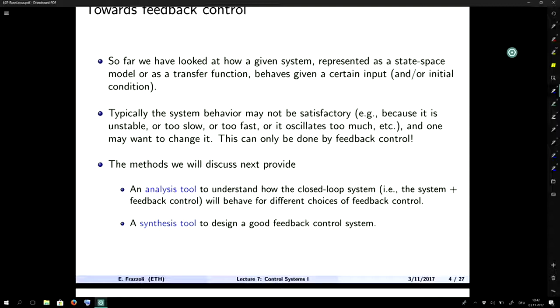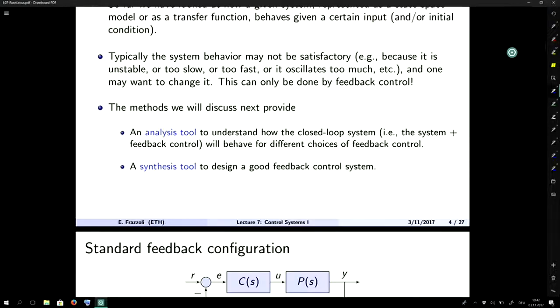We will discuss a number of methods that double as an analysis tool that allows you to understand how the closed loop will behave given a certain control design. But this is also something that allows me to choose between different controls, and have some indication of what would be a good design for my feedback control.